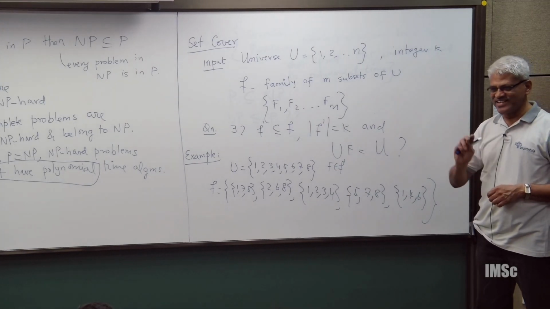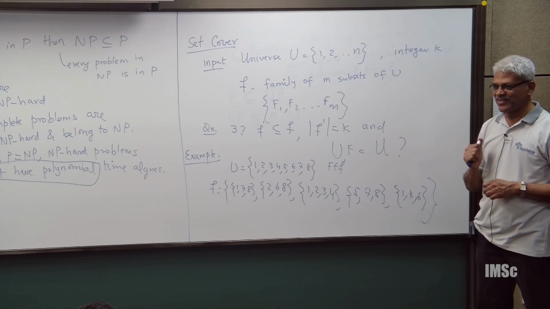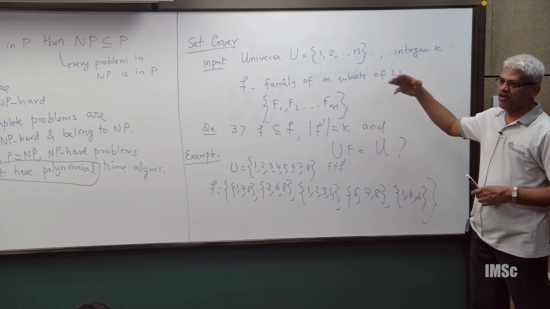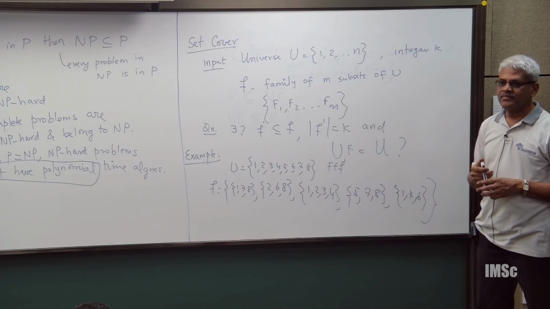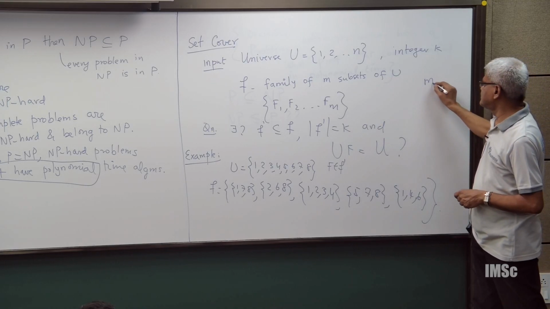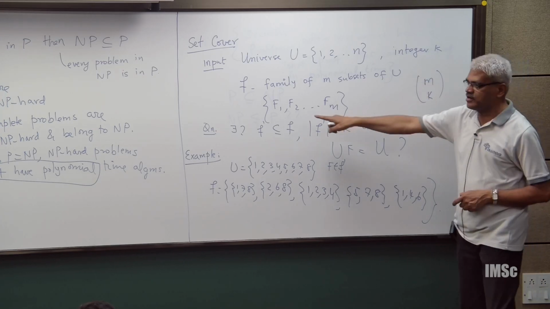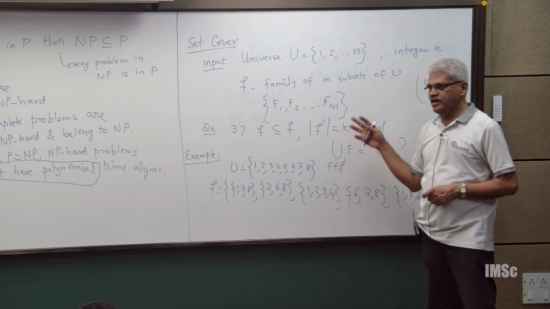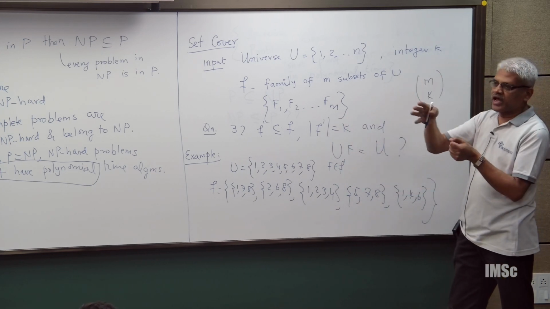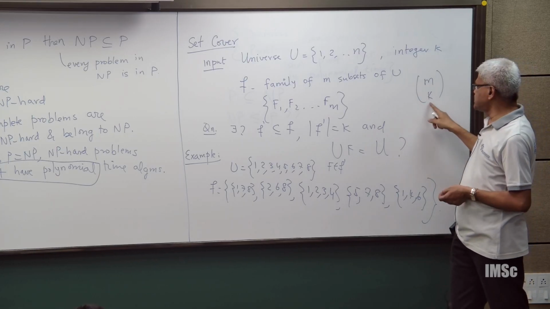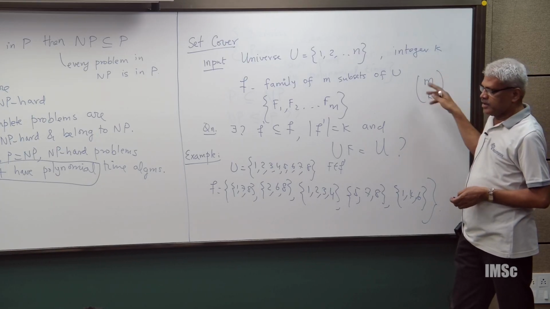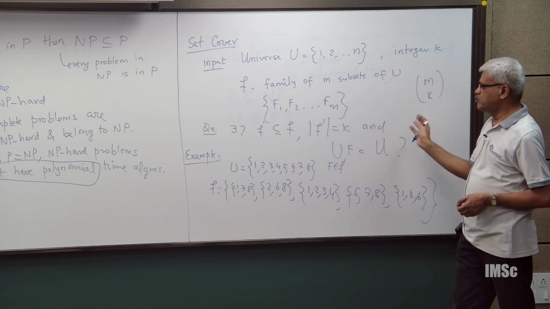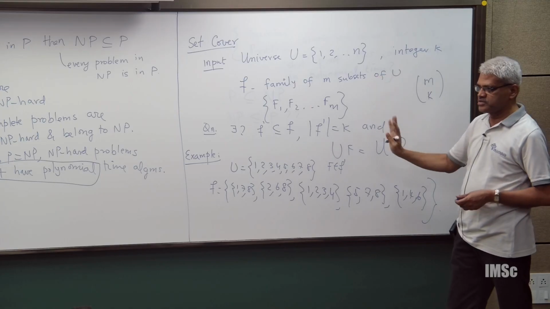M choose k, right. M is the number of sets here, I pick some k of them, and for each one I have to spend some more time to check whether they cover. So, this is exponential in k. If in particular I want to find the minimum, it is going to take 2 power m, because I may want to check all possible subsets.